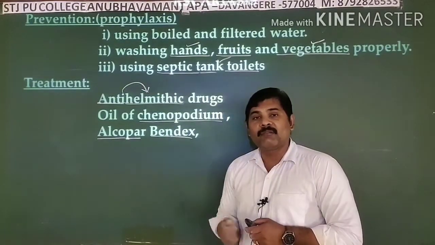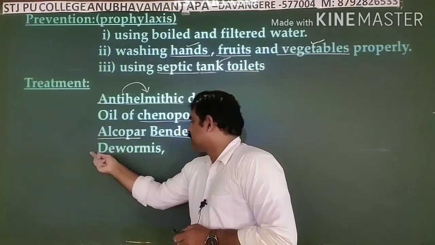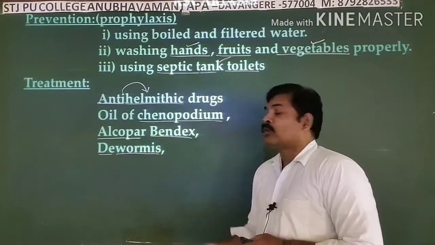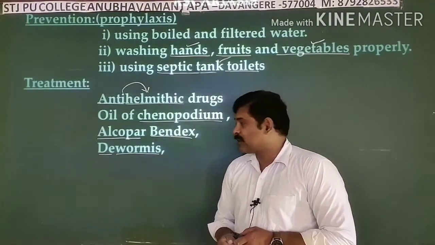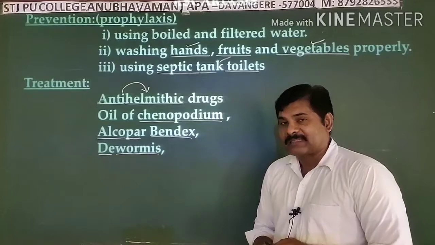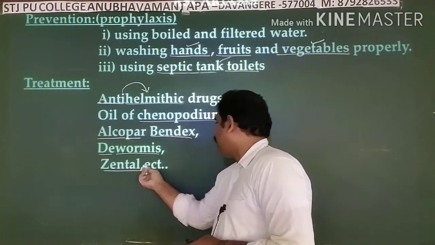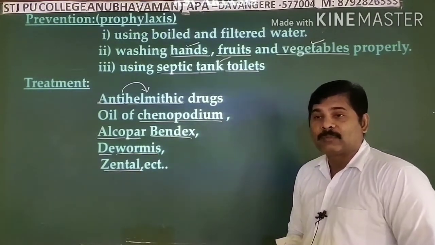By using it, you can kill this parasite also. And next to this, dewormis. This is a drug which kills the worms, so we call it dewormis. Such a drug also helps us kill this parasite. And at last, we can see Gentol. Such a drug also helps us kill these parasites.